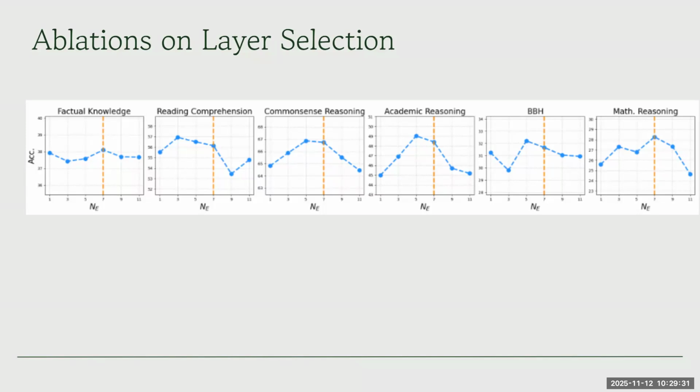Just taking the results for what they are, the 7th layer, which is the boundary between encode and think, was either the highest or close to the highest on most of the task domains.